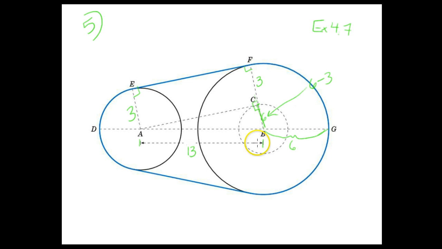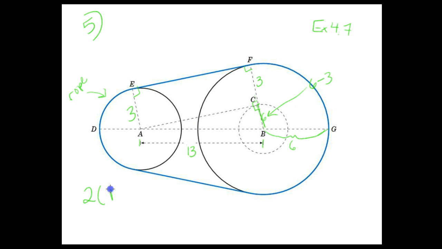So when you're setting this problem up, and you can look at the example, your plan of attack, because you want to actually find all of the blue. You want to find the rope around the pulleys. So that means I'm going to double all of the top.